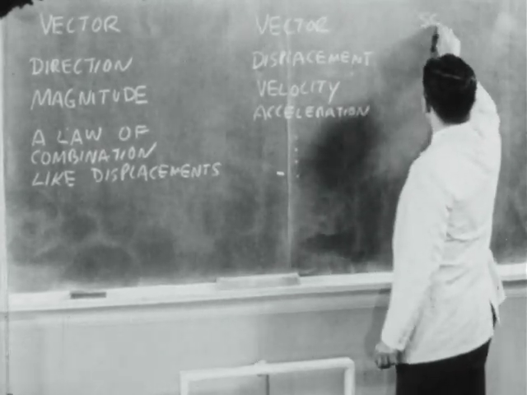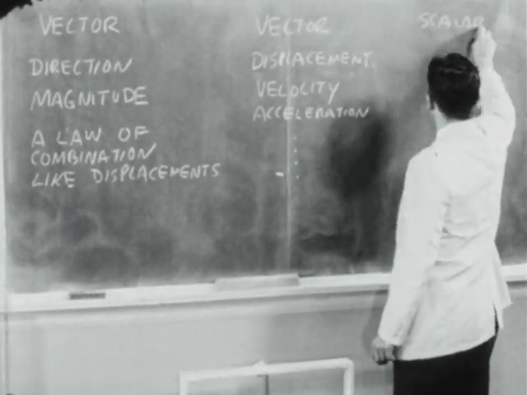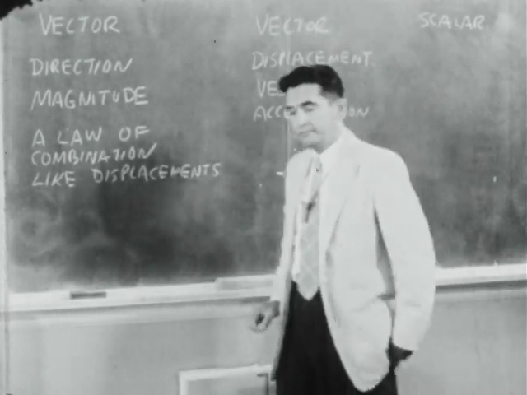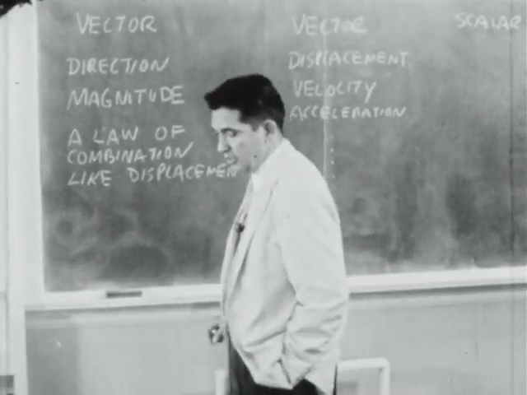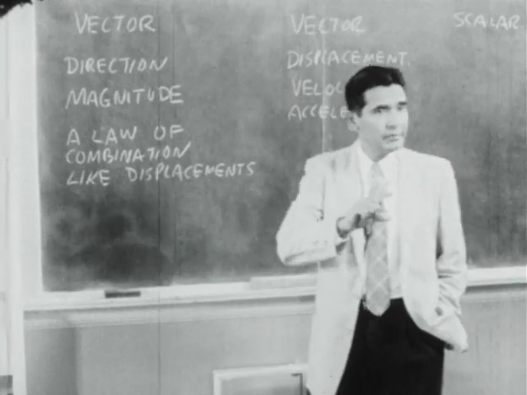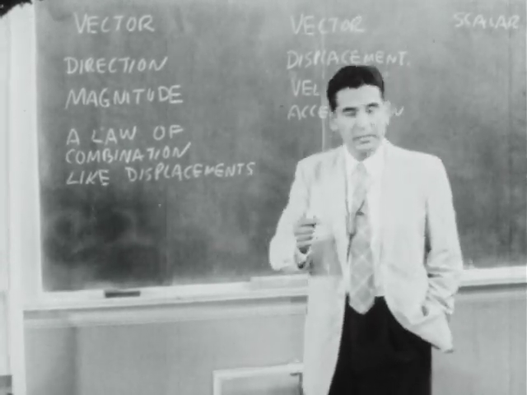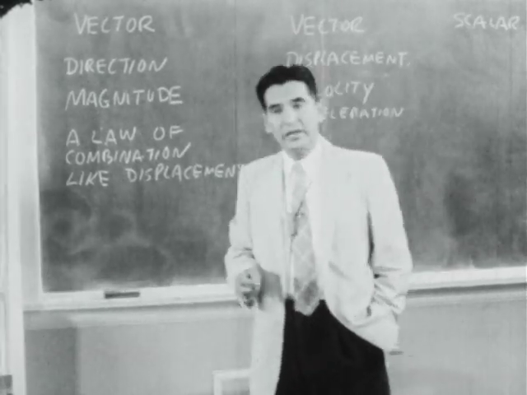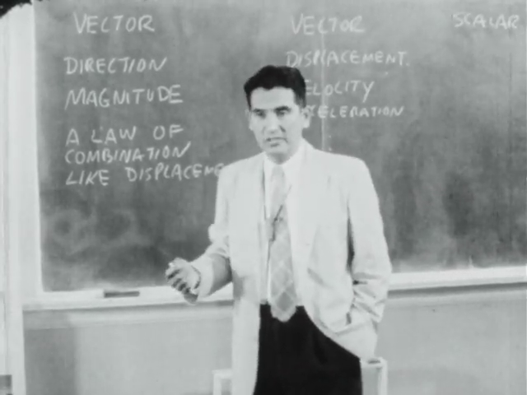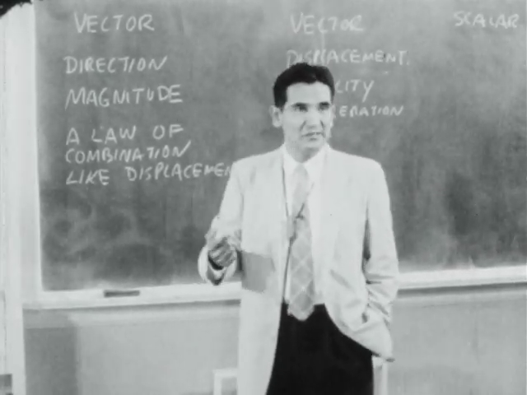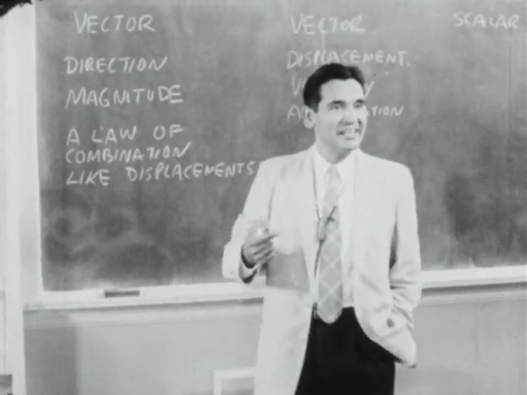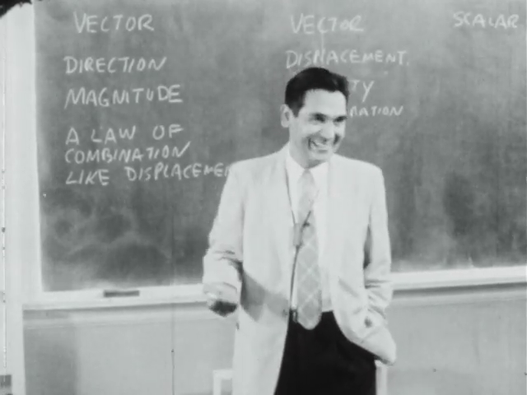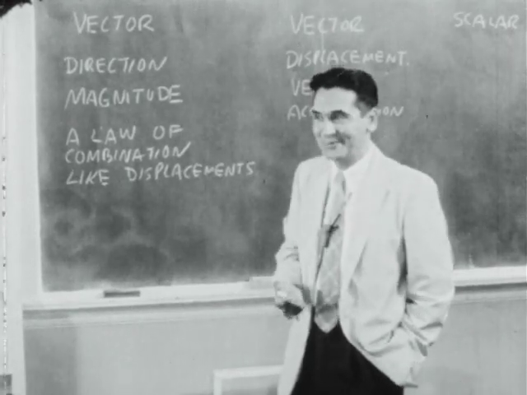Now I will put here a word. Scalar is a word that has to do with things that have only magnitude but not direction. Now, it is said that someone was delighted and surprised to find that he had been speaking prose all his life. He had never heard the word prose. Well, you may be delighted and surprised to know that you've been using scalars all your life, only perhaps you haven't called them that.